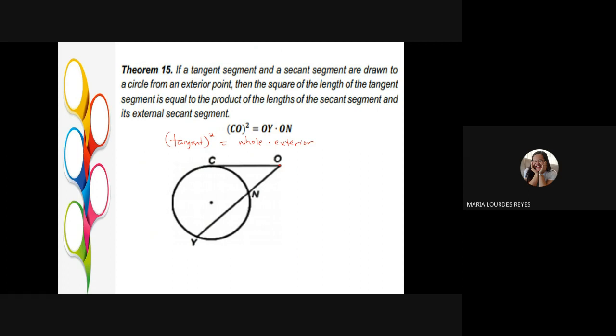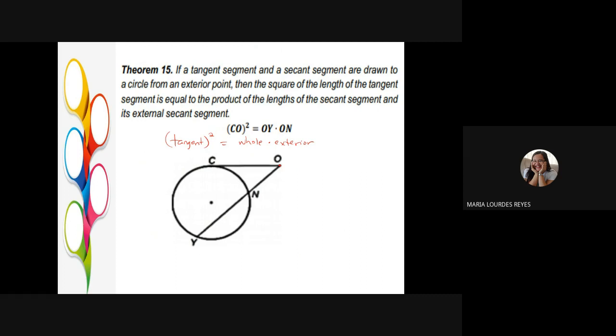And that's it. Kung sa Theorem 14, dahil dalawang secant sila, whole times exterior equals whole times exterior. Dito sa Theorem 15, dahil isa lang ang secant and the other one is a tangent, ang gagawin mo lang, tangent squared is equal to whole times exterior. Now, you might be wondering, ma'am, bakit po ini-squared nyo?